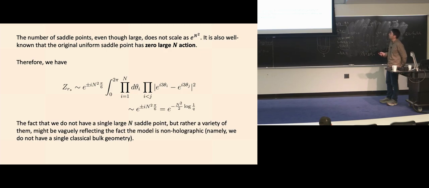So the number of saddles does not change the large n action. It's also well known that the original uniform saddle point has 0 large n action. So once you focus on these configurations, the action is just 0 in the large n limit. The entire large n piece of the action actually comes from the factor that you factored out, which is just n squared times pi over 6.